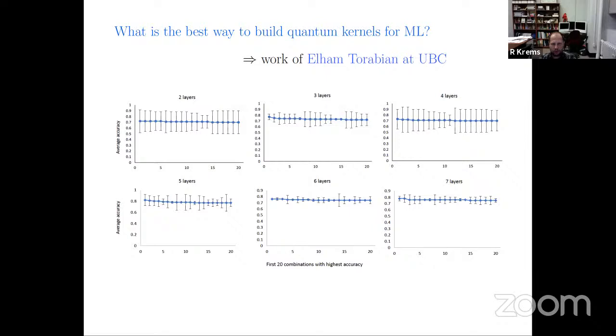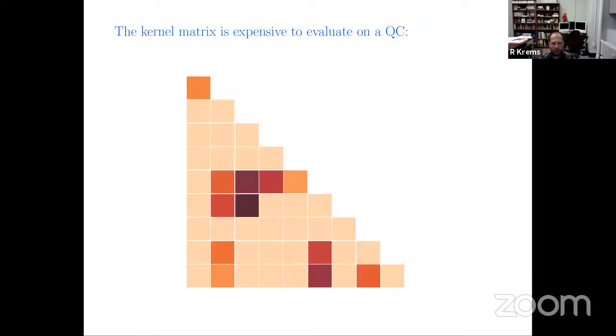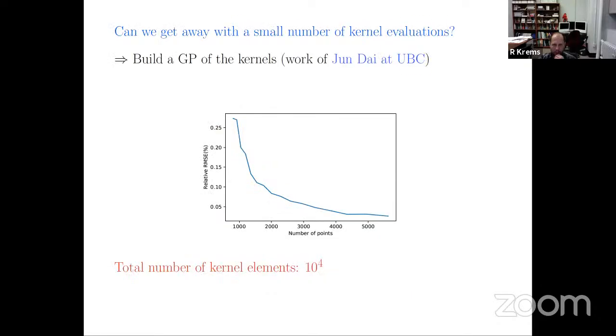And so what June is doing, he's trying to build a bigger kernel matrix out of smaller ones. So he's developing machine learning techniques that would interpolate or extrapolate the kernel matrix elements that are evaluated on a quantum computer. And you would see something like this.